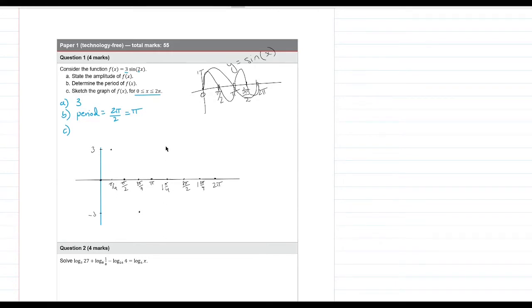And again, it's going to peak there, be at 0 there, and peak here. So let's draw that in now. And that's between 0 and 2 pi. So this is our x, this is our y.